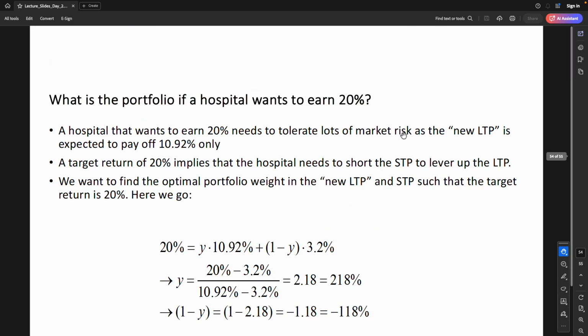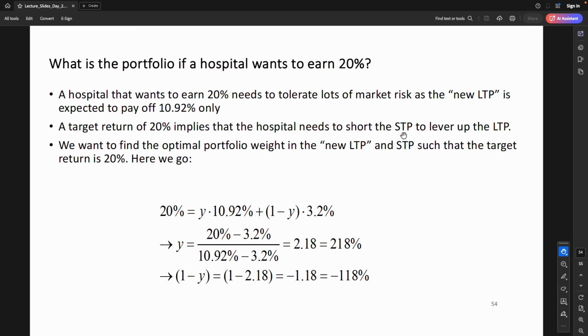Okay. Now let's have an extreme case. If the hospital wants 20%, then we have 20% as the target. It can be accomplished. We move along the allocation line. So it's y times 10.92% plus 1 minus y risk-free rate.